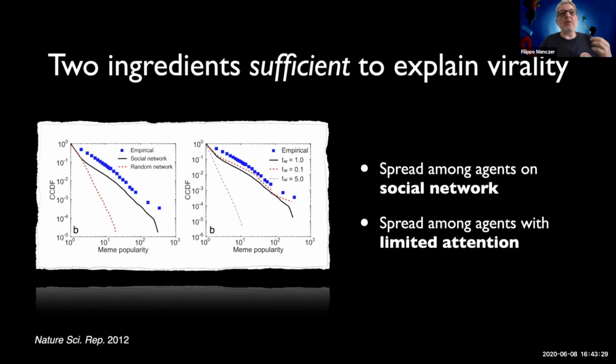And remember, in these models, there's no notion of quality. So that means that some stuff is going to go viral irrespective of its quality. It's inevitable. So you don't have to assume that things that go viral do so because they're good or they're bad. It's just inevitable because of the mechanisms of social media.